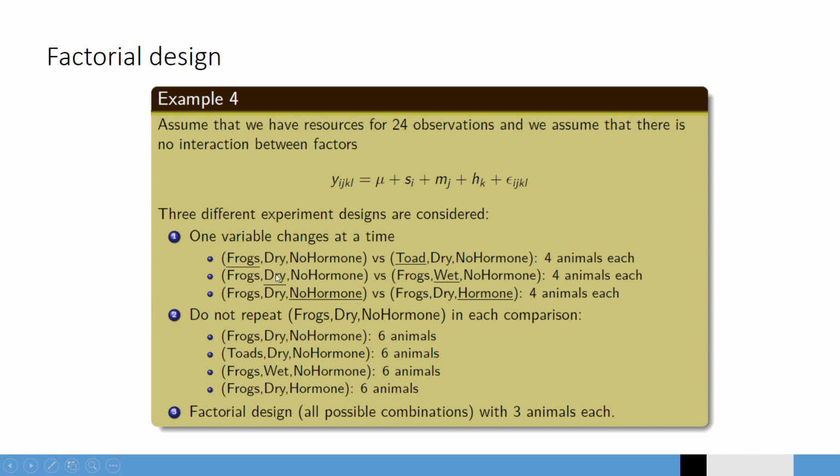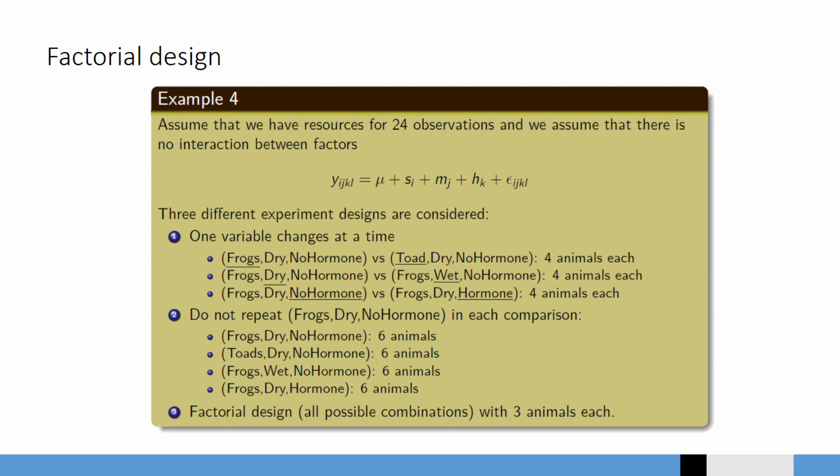So one possibility of distributing your animals, let's say that you will have 24 animals in total, and because you have 3 factors, you can make it a design in which you only change one variable at a time. So we fix some reference group.